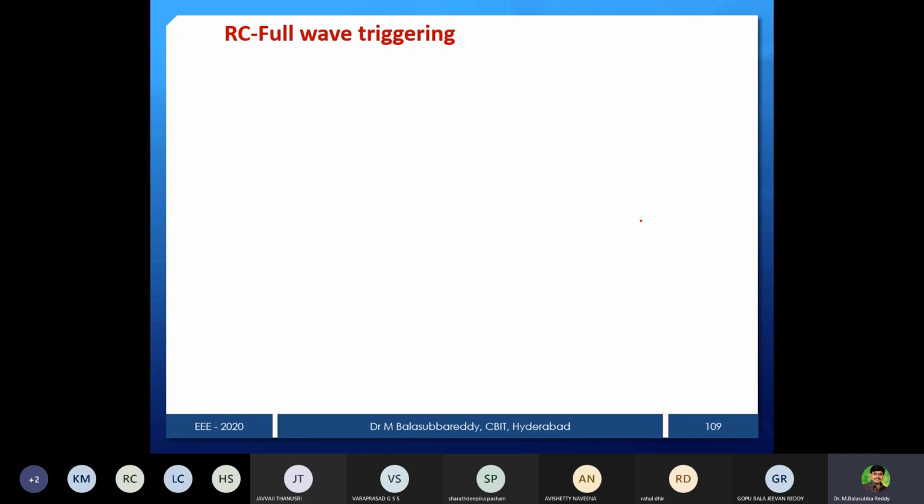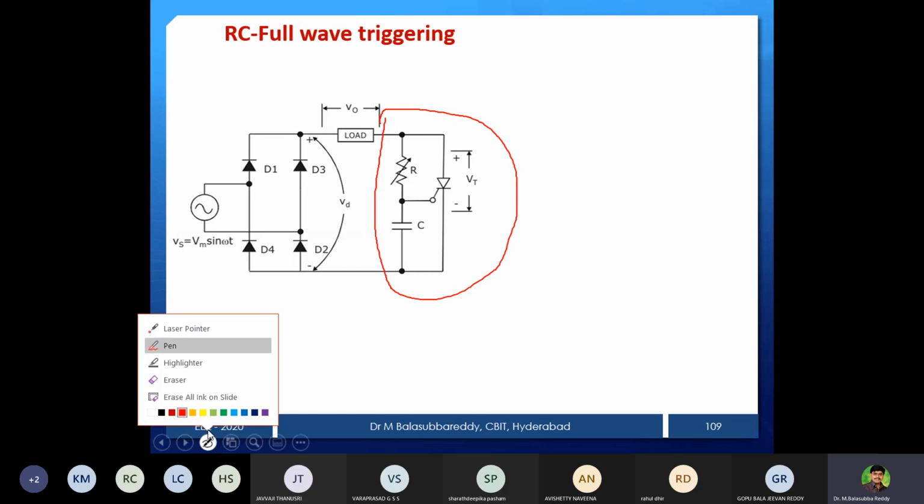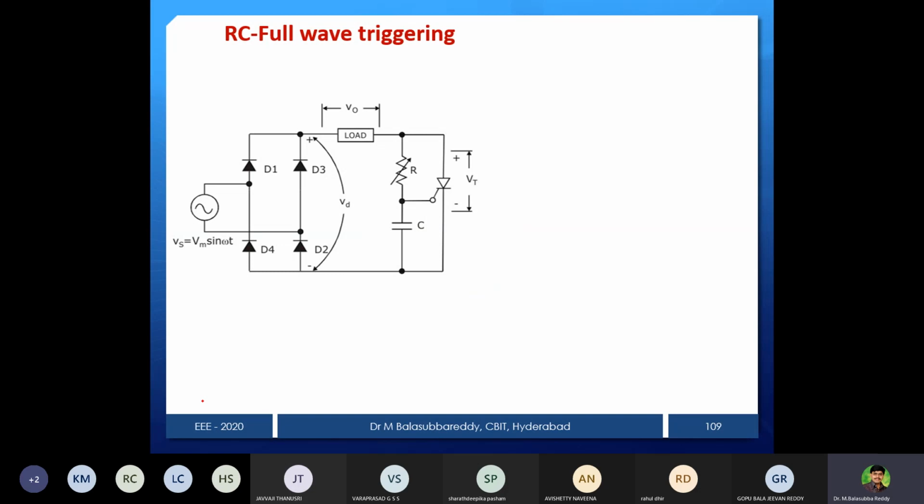AC supply, make it all positive means DC. Use a diode rectifier, that's it. Same AC supply, remaining portion is the same, nothing is different. Now we don't require to use all the diodes, because here itself we are getting all positive cycles. So now use the diode rectifier, you get all positive cycles, just D1, D2.